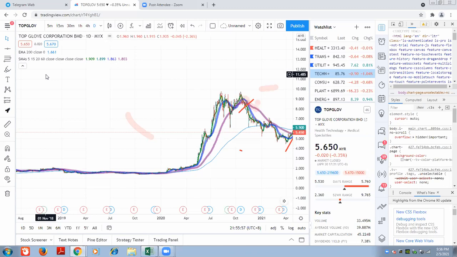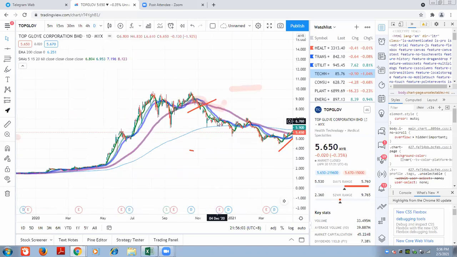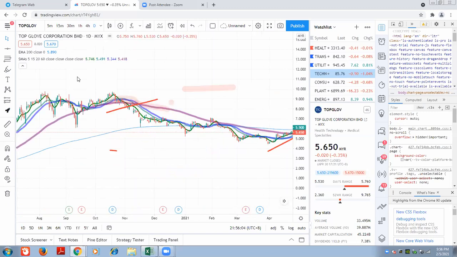Clear? We use SMA, we look at SMA 5, SMA 10, SMA 15, SMA 20. SMA 60 is for a swing that is a maximum of 3 months, especially for 2 or 3 months swing.